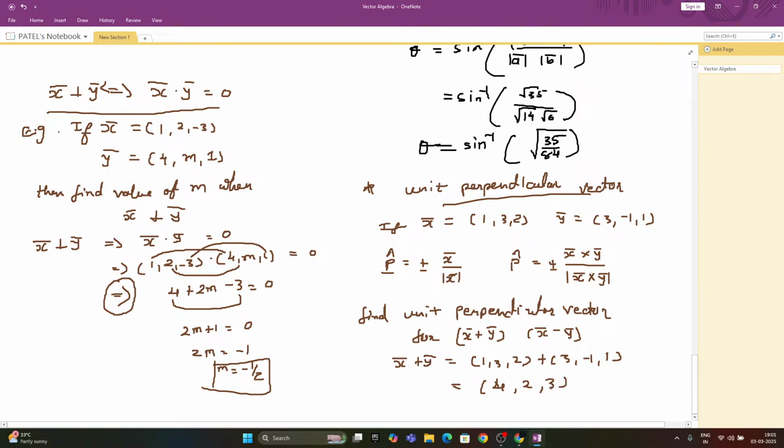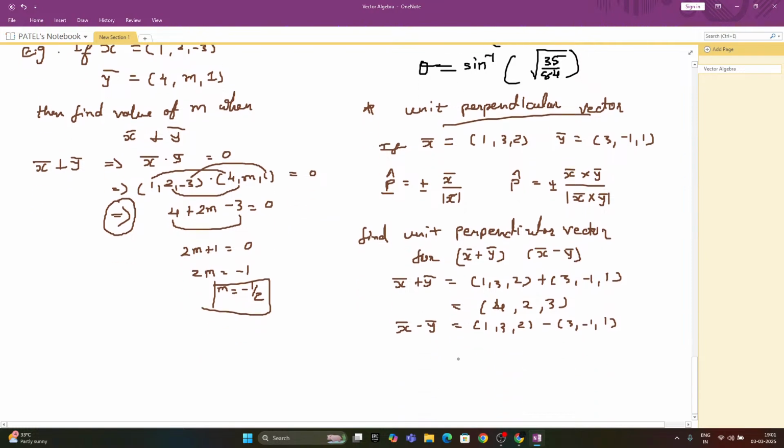And 2 plus 1, it is 3. x bar minus y bar: 1, 3, 2 minus 3, minus 1, 1. So 1 minus 3, it is minus 2. 3 minus minus, plus 1, it is 4. And 2 minus 1, it is 1. We got both the vectors.